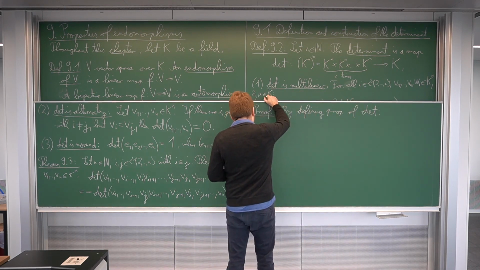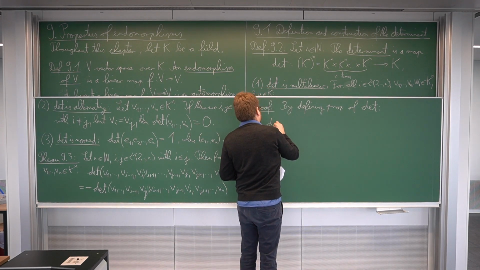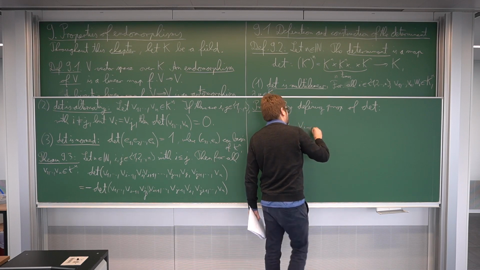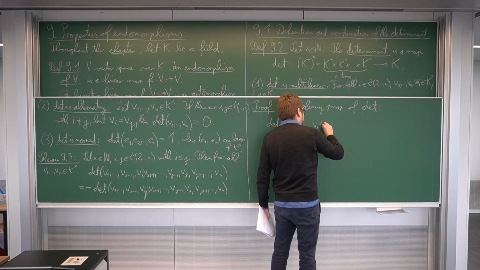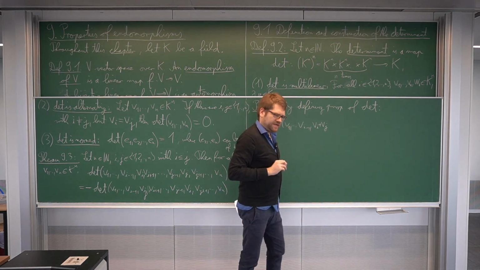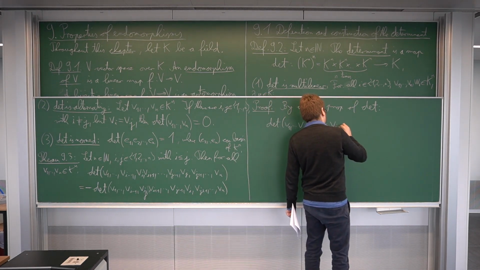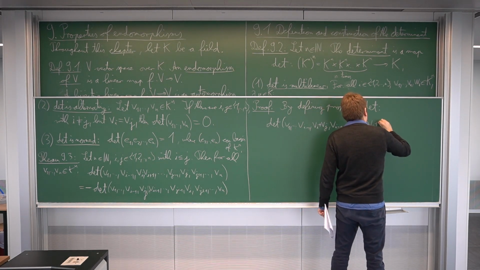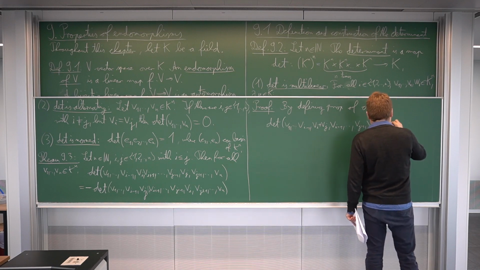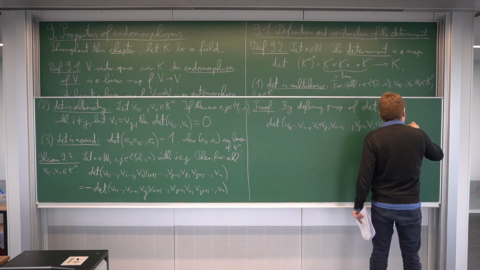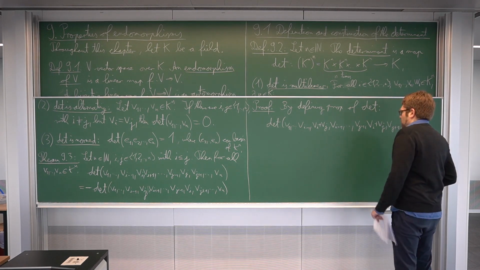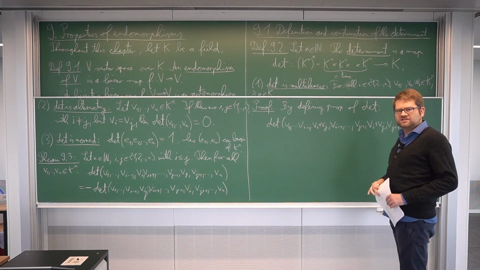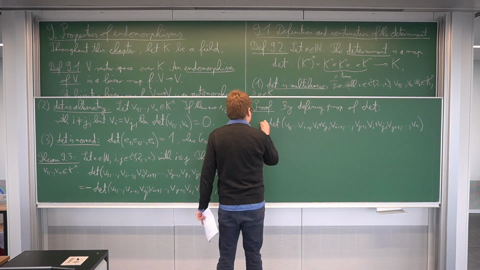If we choose a slightly different set of input vectors, v1 to vi minus 1, and now in the ith component we put in vi plus vj, and in the jth component we also put in vi plus vj. Since it's alternating, by property 2 we have two vectors which are obviously identical, so this must be 0.